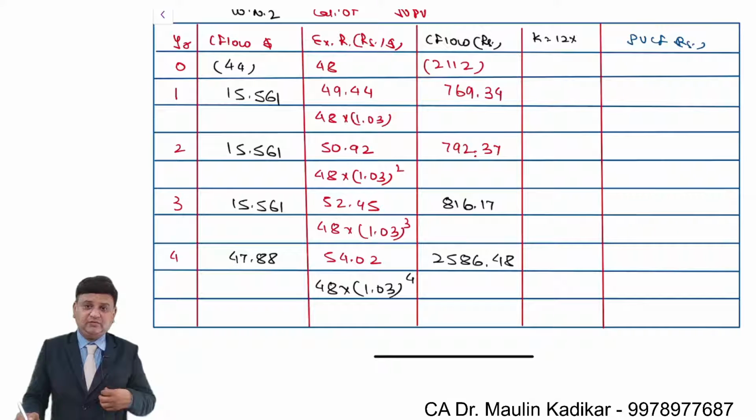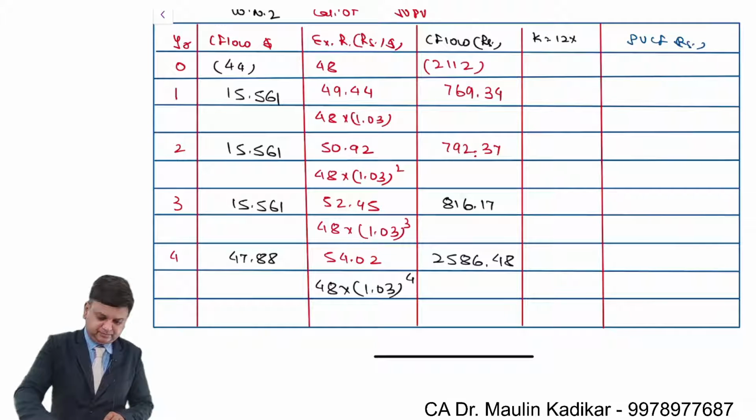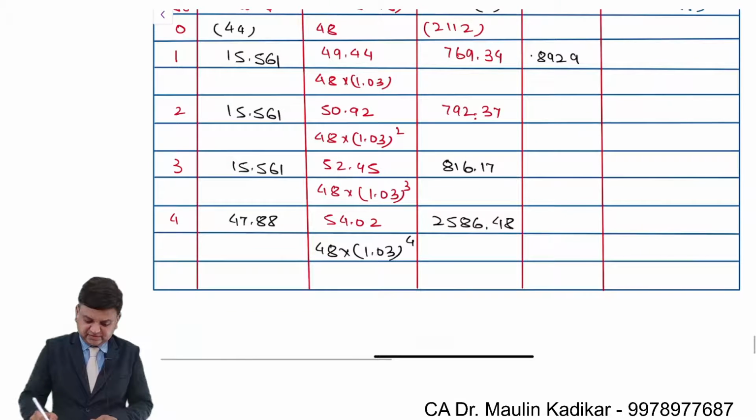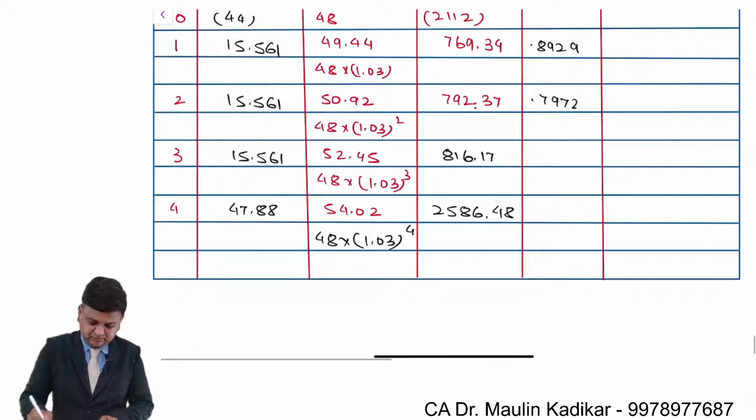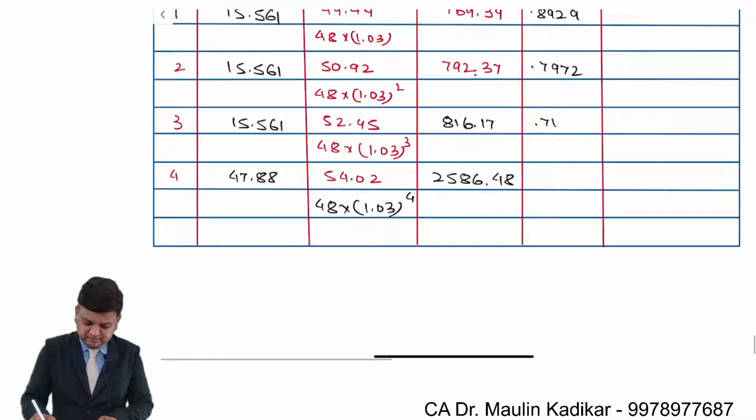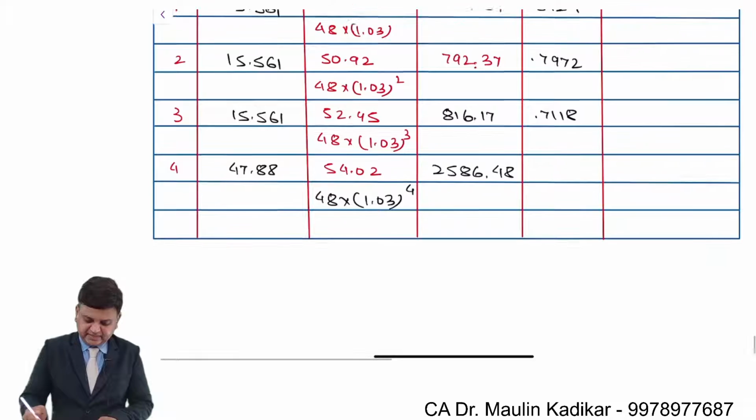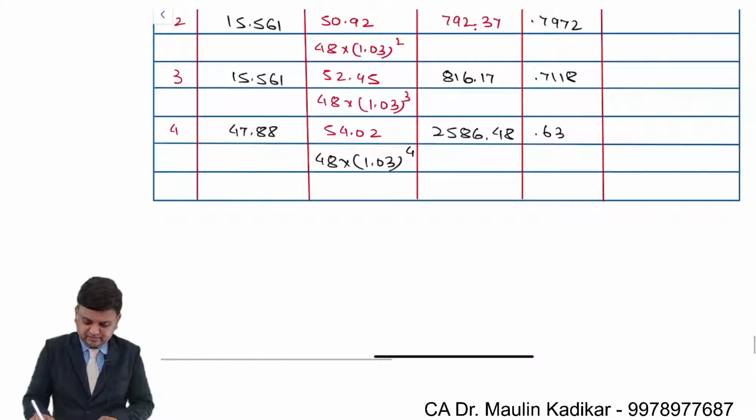Then discounting at the rate of 12%. First year factor is 0.8929, second year 0.7972, third year 0.7118, last year 0.6355.